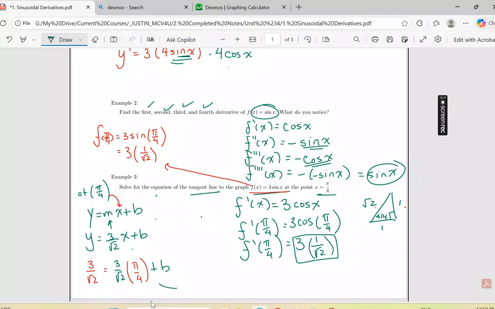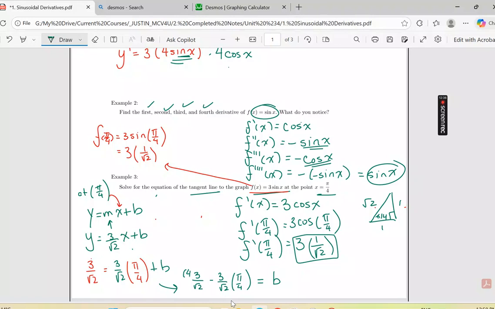Moving this to the other side, I get 3 over root 2 minus 3 over root 2 times pi over 4 equals b. Of course we need a common denominator, which means that I multiply this side by 4 and this by 4.